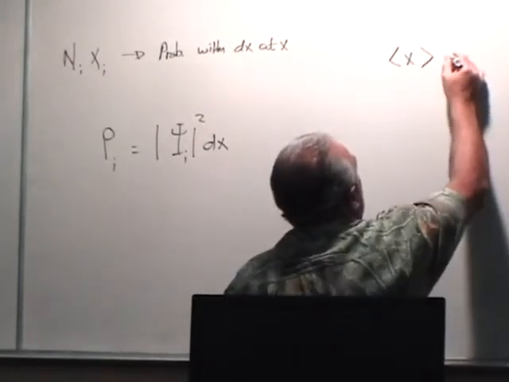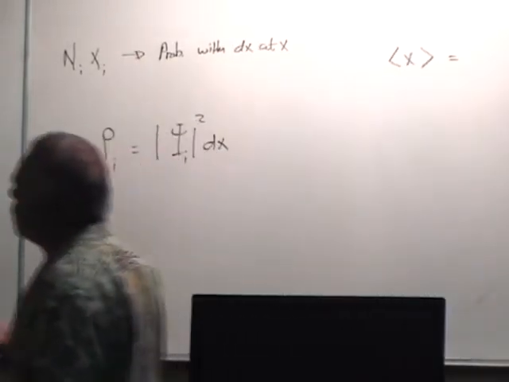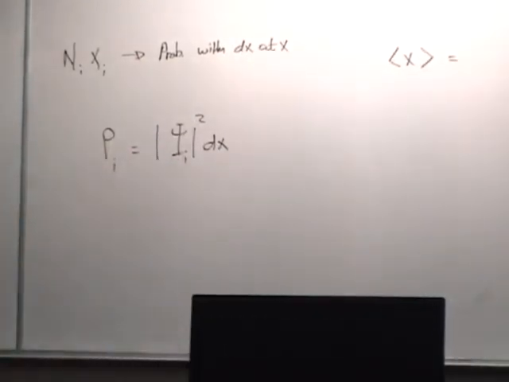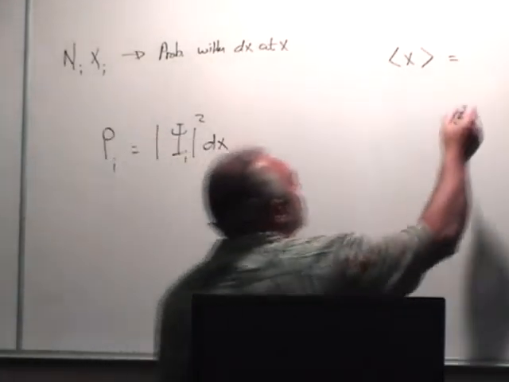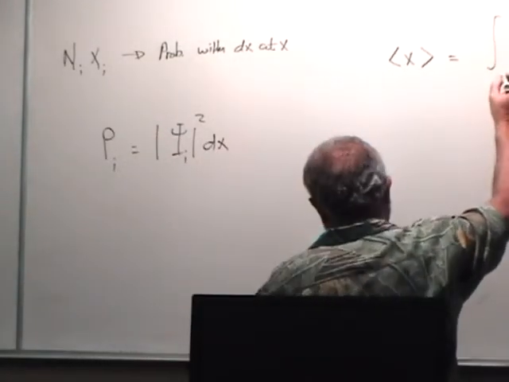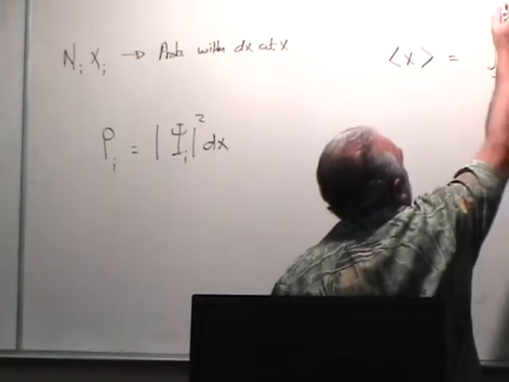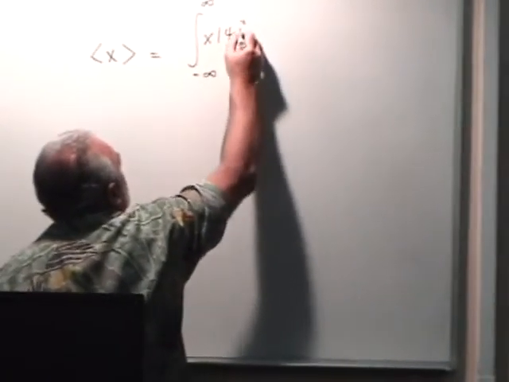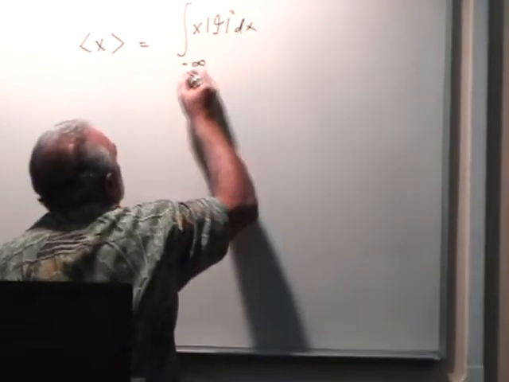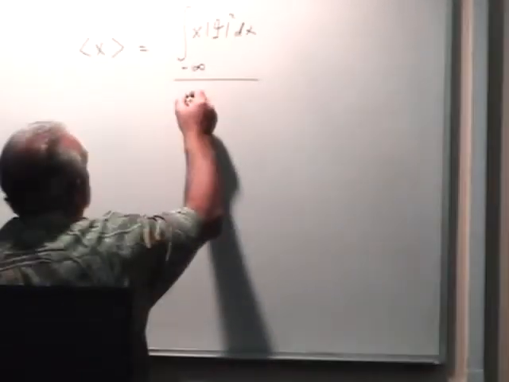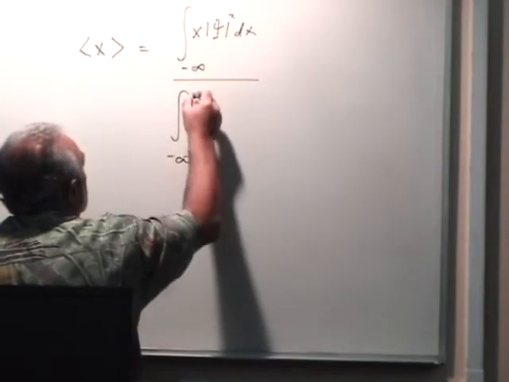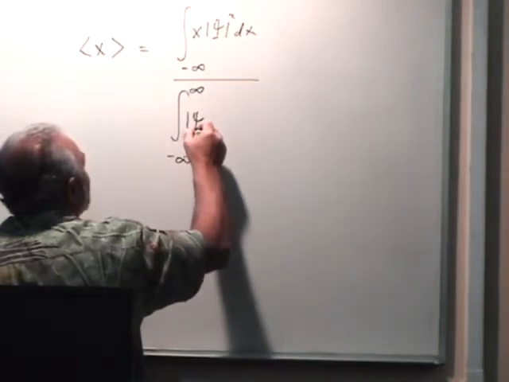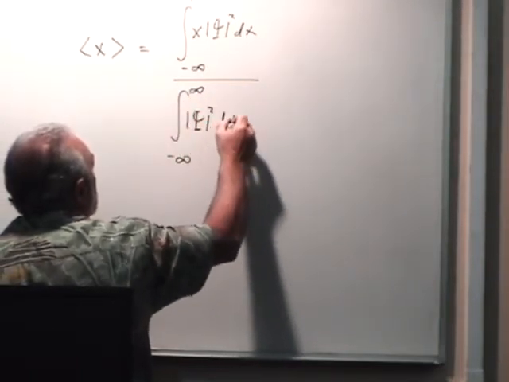And that is going to equal, well, we just replaced, that's all. We have the integral from minus infinity to infinity of x psi squared dx divided by the integral from minus infinity to infinity of psi squared dx.